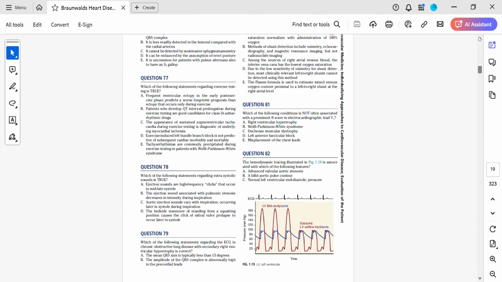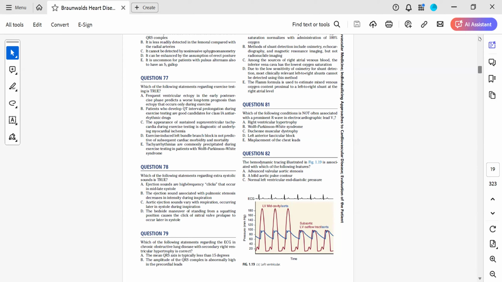We can see the tracing in red is for the LV, while the tracing in blue is the aortic pressure measurement. The first three readings were taken in the mid cavity, whereas the last three were taken at the subaortic LVOT.